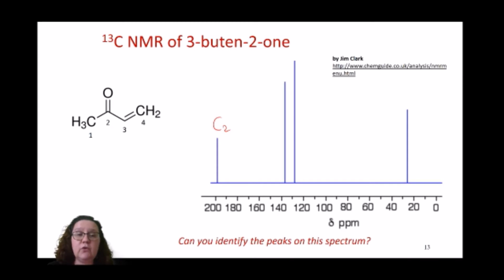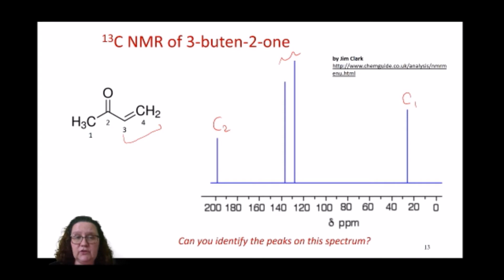The other peak that hopefully is easy to identify is the one around 25 ppm, which is typical of a carbon in an alkane group, in this case the methyl carbon-1. Then we have the peaks around 130 and 140, these two, that correspond to the 2 carbons involved in the double bond.